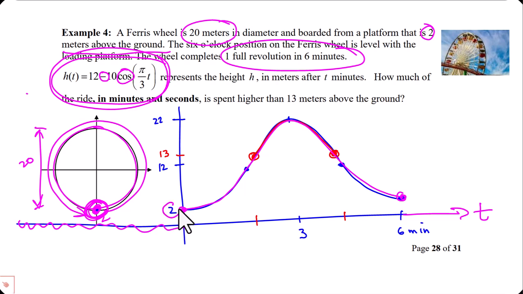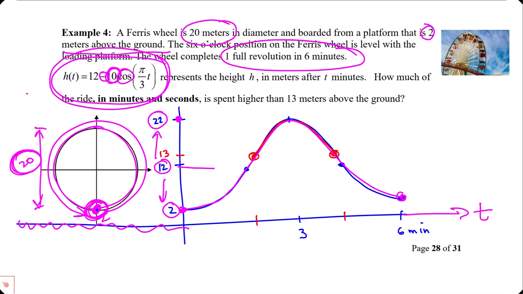If it starts at 2 and it's 20 meters wide, it's going to go up to 22, and midway is 12. It's 10 this way and 10 this way, and that's our amplitude, like we learned before.